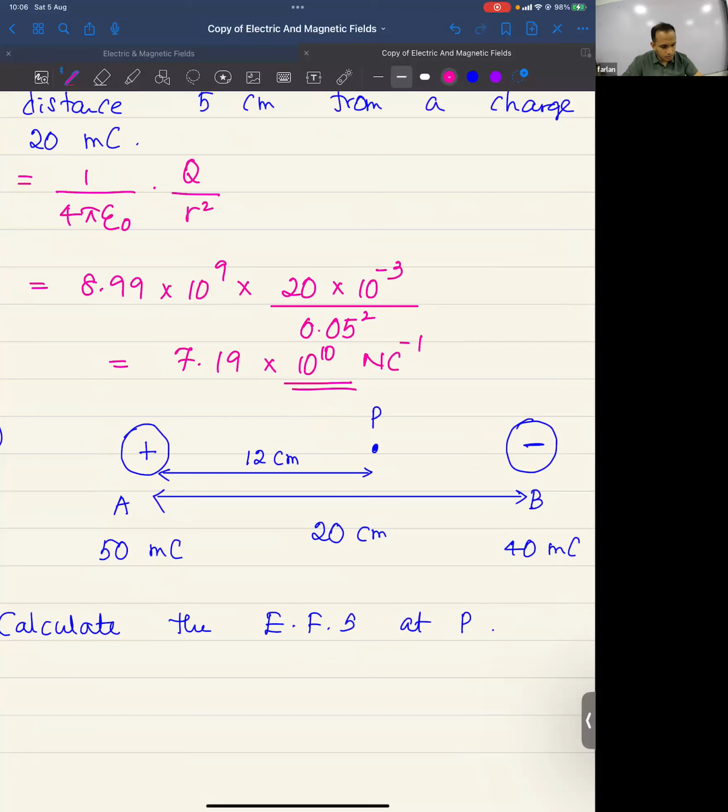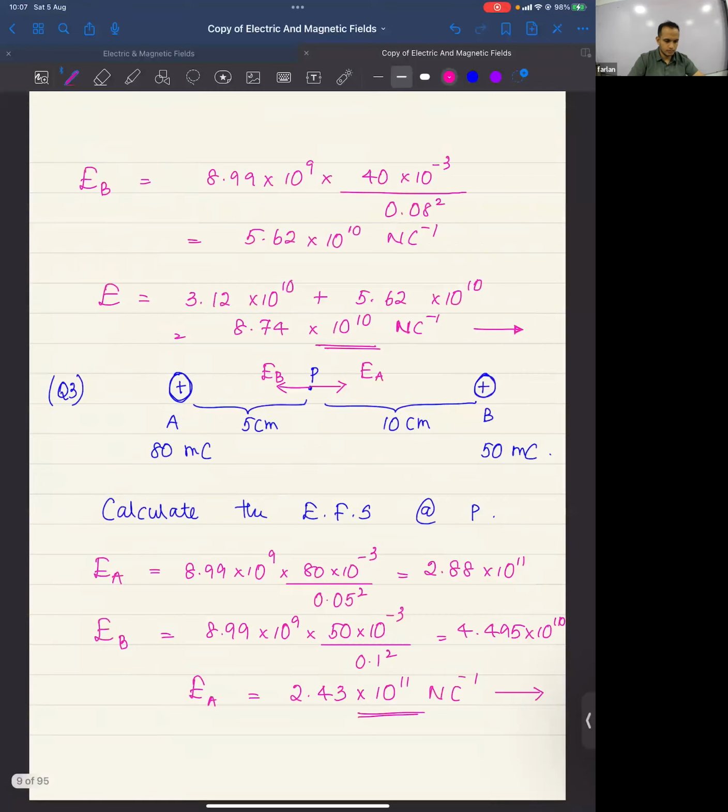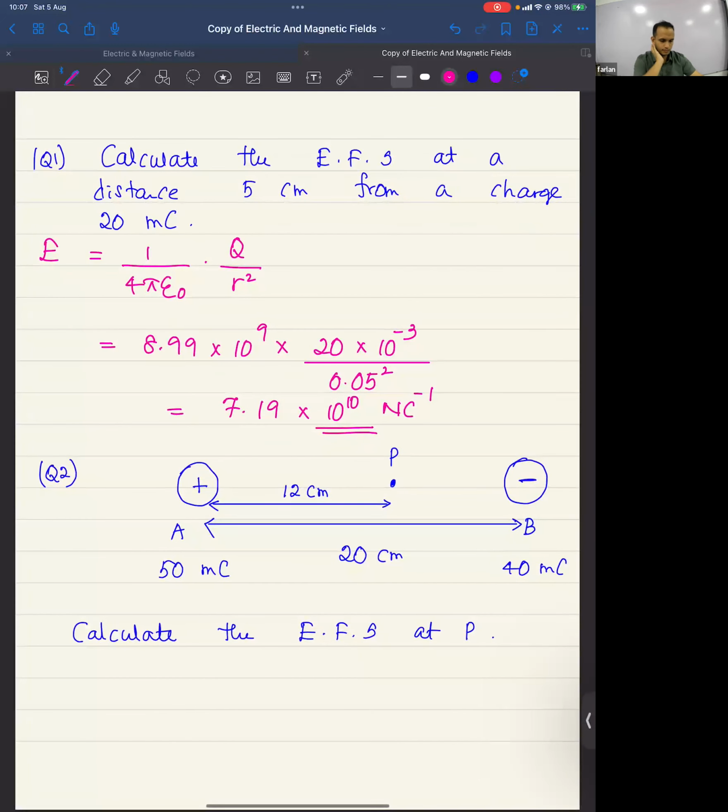And the point P is in between them, which is 12 centimeters from A. The question is, calculate the electric field strength at P.